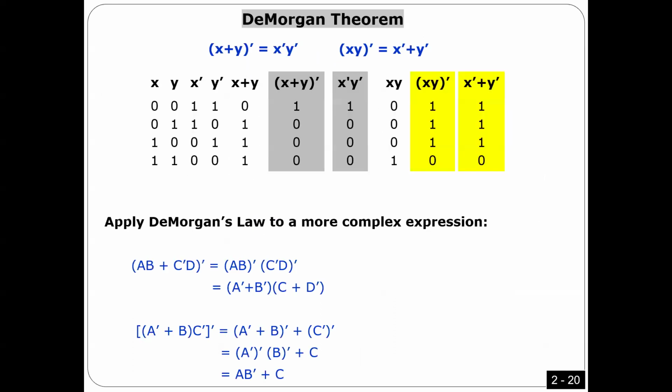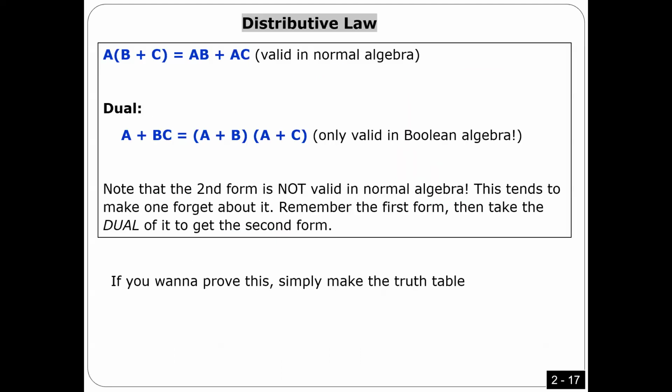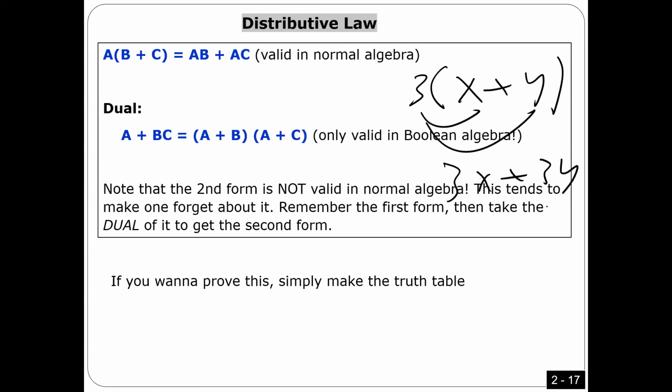Any questions? Let me do this one and then we can start the quiz. So we have a distribution here, and there is something interesting here because this will be different from normal algebra. Usually students forget it. Okay, so let's explain it. You know the distribution, right? In normal algebra, if you have 3 times (x plus y), you know the distribution, so this one is equal to 3x plus 3y.